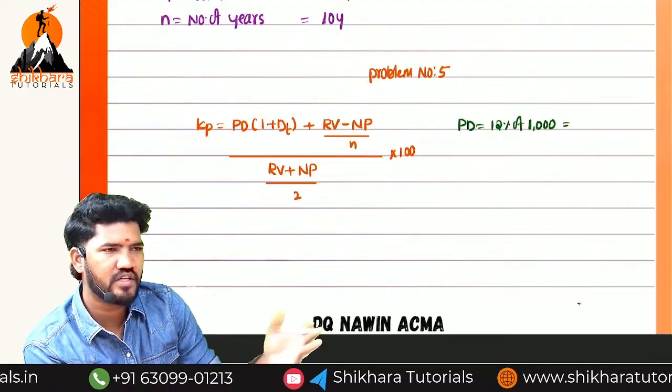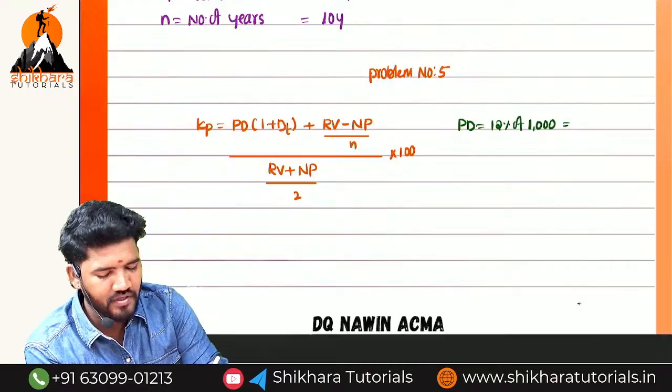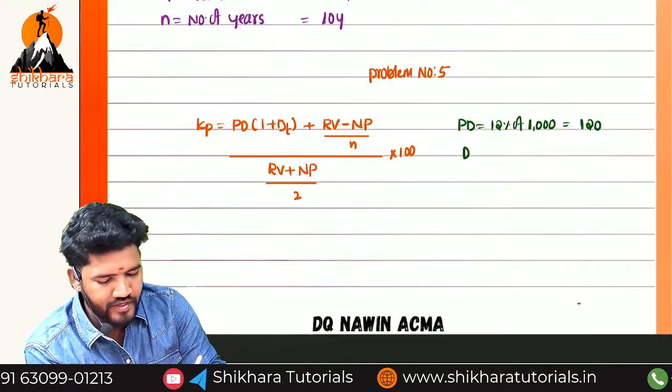You can take 1000 also, no problem. 10 will be added extra. That's it, 1000. How much? 120, yeah? Okay. Dividend distribution tax?